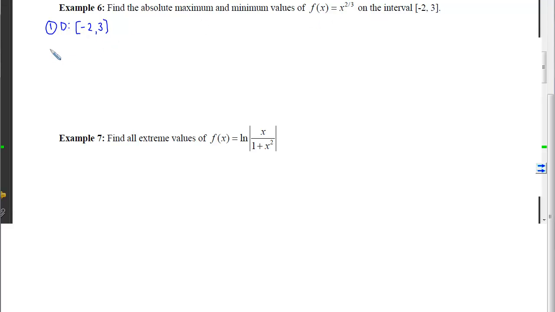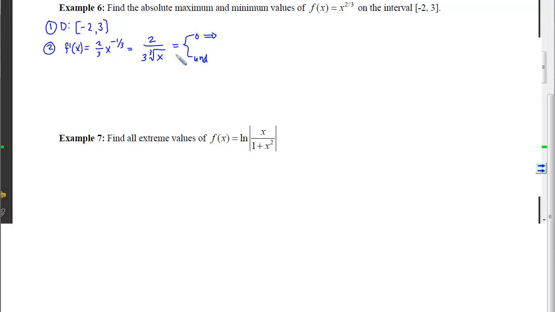So our second step is then to look at the derivative of x so that we can identify the critical values. So the derivative will be that power times x to the -1/3. So that means we're looking at 2 over 3 times the cube root of x. I'm interested in knowing when this is 0 or undefined.